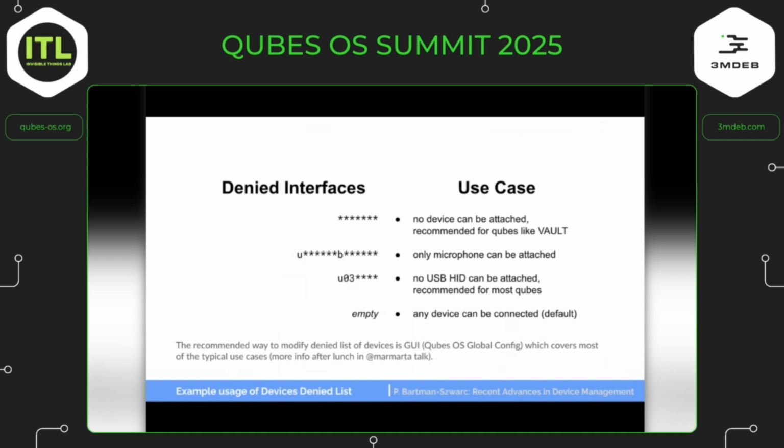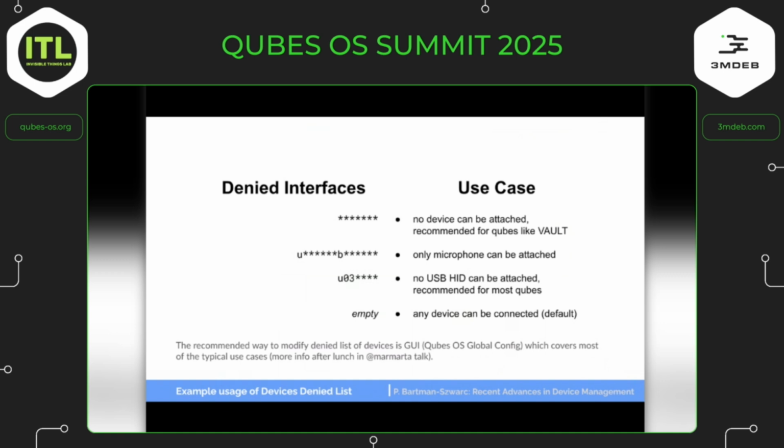Of course, if somebody uses some extra HID devices, this can be changed. But usually, we have these four types, and I don't think any of these types should ever be attached directly to a working VM.